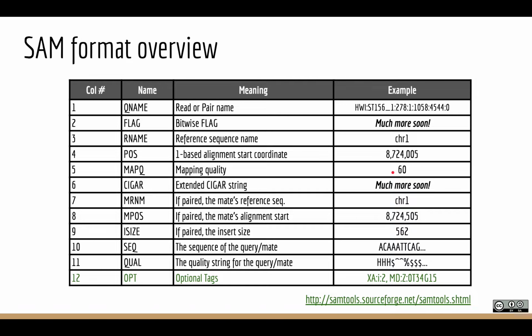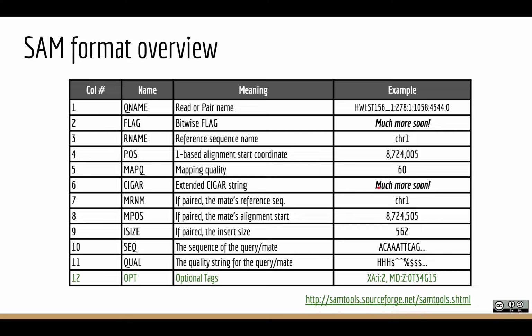It aligned to that location fairly confidently. The mapping quality, as we talked about last time, is 60. So that means that, let's say BWA aligned this, it thinks that there's a 1 in a million chance that this location, chromosome 1, 8724005, is not the right location.